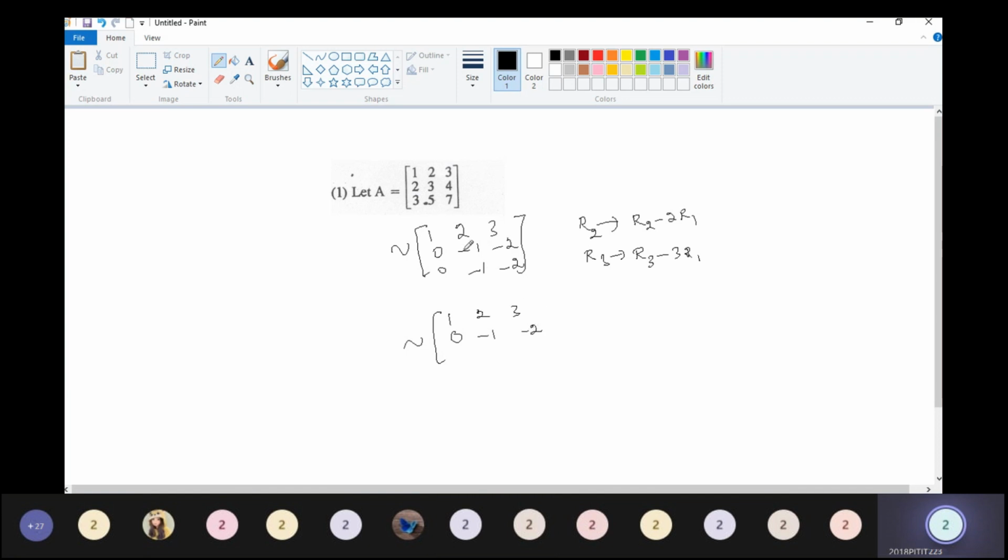This is a pivot element, so I want to make the element below it 0. So R3 is written as R3 minus R2. So 0 minus 0 is 0. Minus 1 minus minus 1, it is 0. Minus 2 minus minus 2, it is 0.